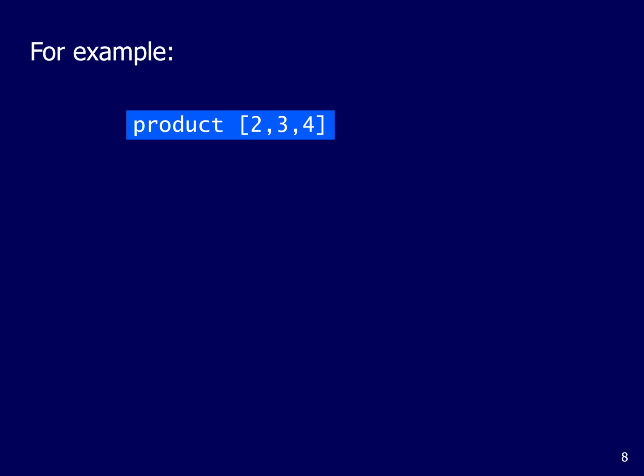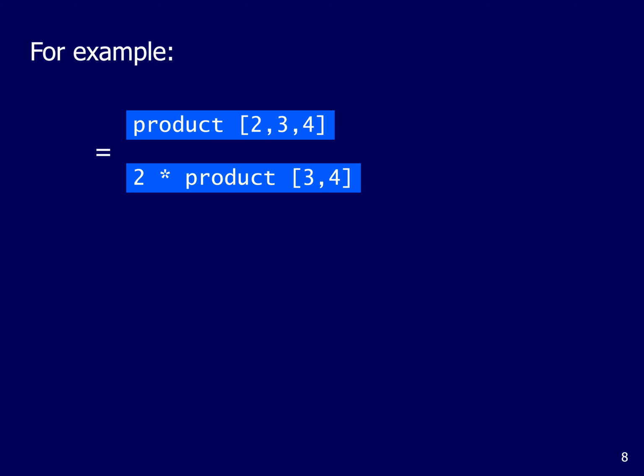Let's turn the handle again with a simple list. So let's work out what the product of the list 2, 3, 4 is from first principles just by applying the definition. We have a non-empty list here, so we need to go straight to the recursive case. The recursive case says if you've got a non-empty list, the product of that list is the first thing, in this case 2, multiplied by the product of the remaining list, which in this case is 3 and 4.